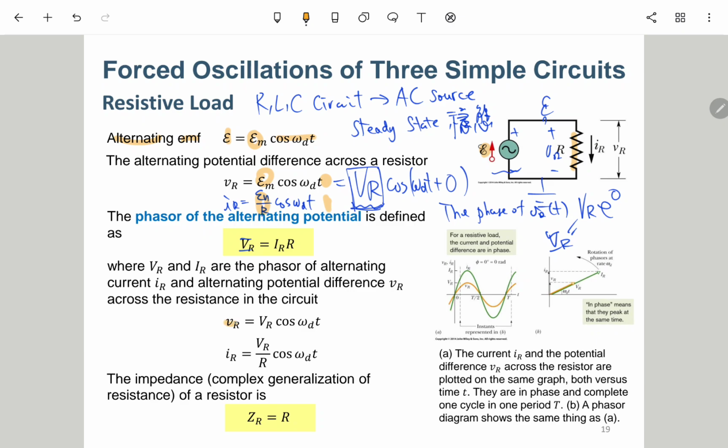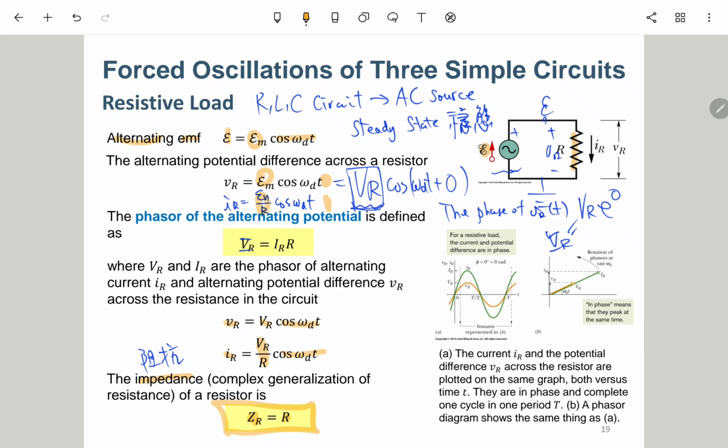So it is something like V R equals V R times cosine of omega dt, and then I R equals V R over R, and then cosine omega dt. And then here we define the impedance, 中文叫做阻抗, the impedance of a resistor Z R to be R. Okay, so for the R it is itself, but for L and C it is not itself. But still we would like to make Z R to be capital R.